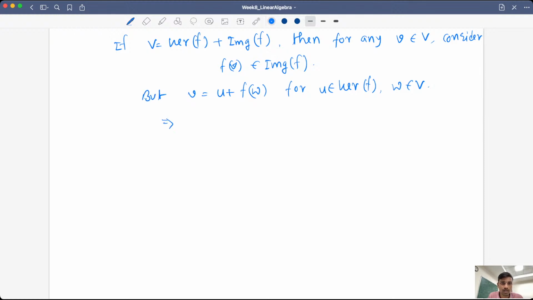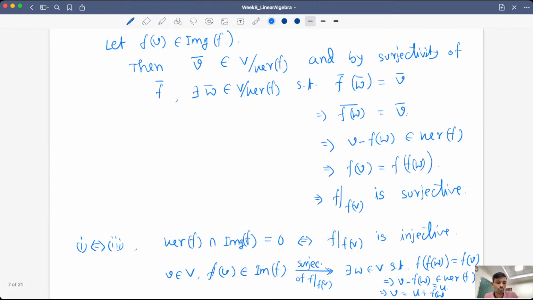But what does that imply? That implies that F of V equals F of W. So this implies that F restricted to FV is surjective. Right. So this concludes the proof of 1 if and only if 3.